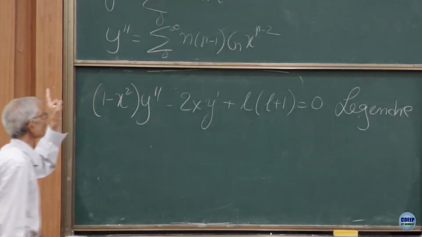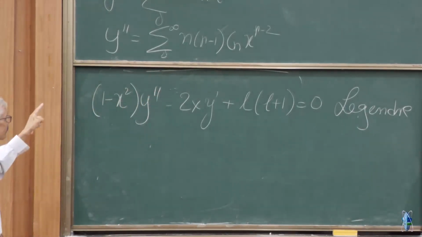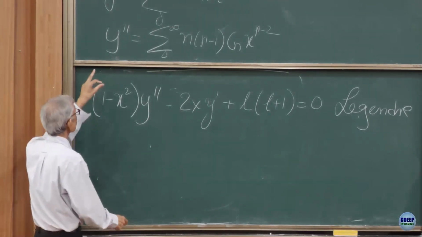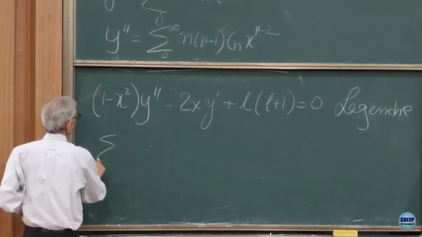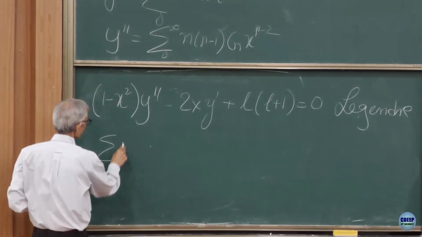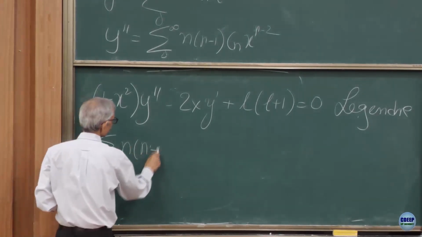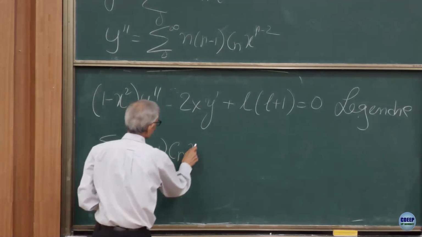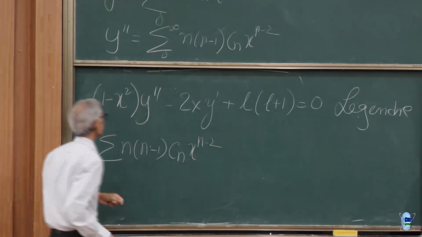We have got y, we have got y prime, we have got y double prime, and I say that I'm going to take this here, so y double prime is going to be summation of n into n minus 1 Cn x to the n minus 2.